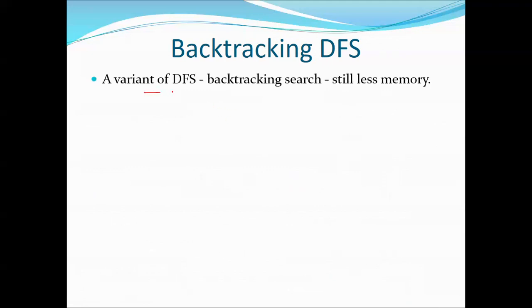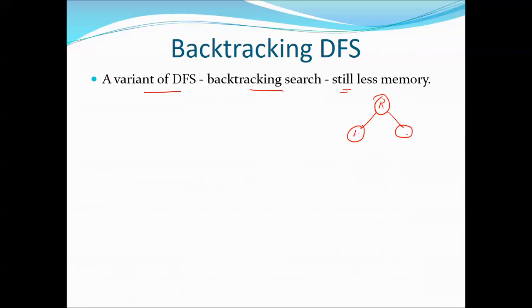So there is another variant of DFS which is called backtracking DFS search. It uses still less memory. So what does this backtracking DFS do? In normal DFS, first it checks whether the root node is the goal state or not. If the root node is not the goal state, then it expands the root node. It creates all its children.